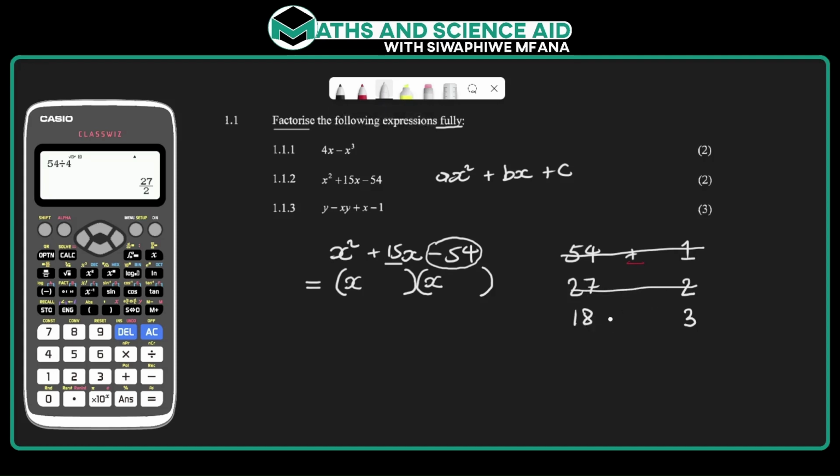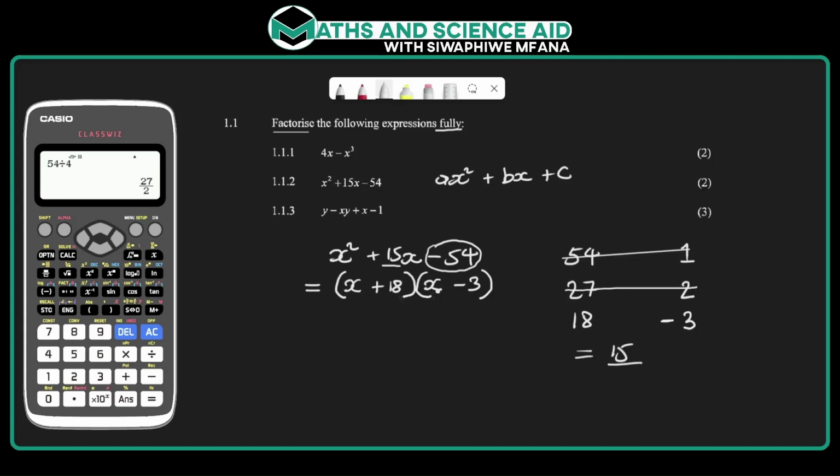But now, if we take a look at the last combination here, 18 multiplied by 3 gives us 54. In addition to that, if we subtract 3 from 18, we are able to get 15, which is the coefficient of the middle term. Therefore, we can write positive 18 and negative 3 into our brackets.